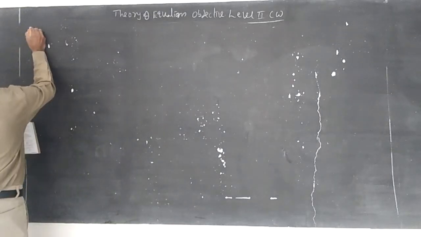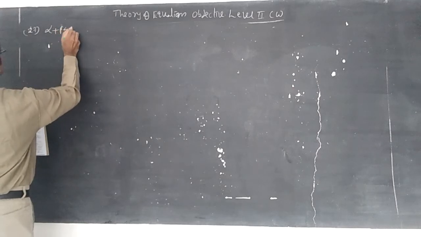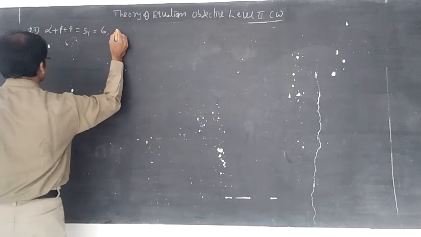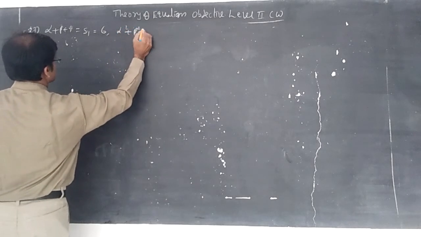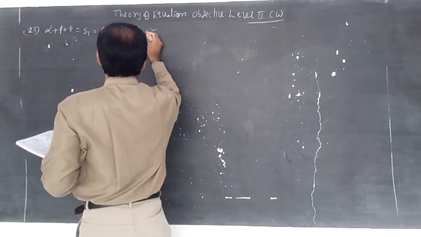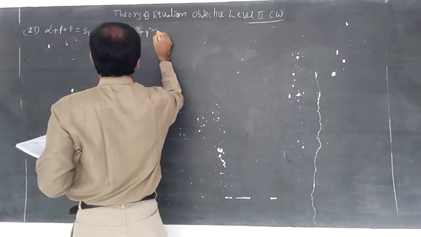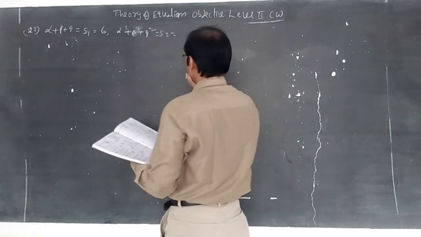Alpha plus beta plus gamma, then you write S1 is equal to 6. Alpha square plus beta square plus gamma square, that is S2 is equal to 14.